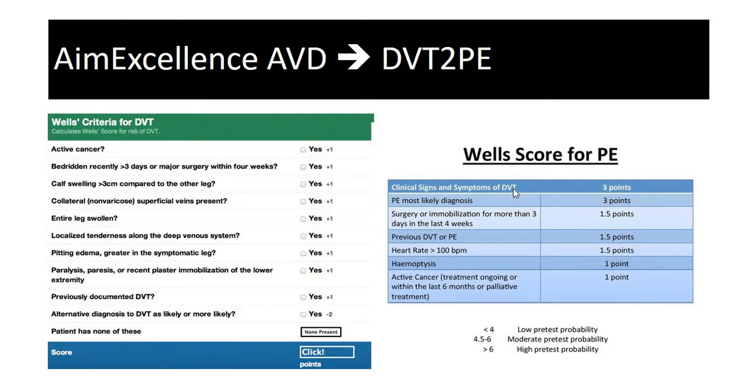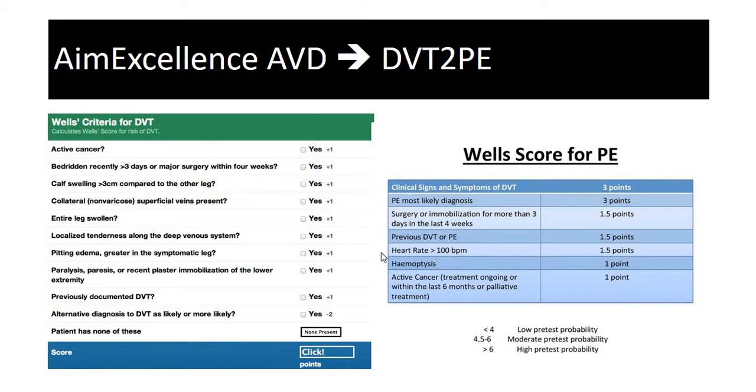And in the Wells score for pulmonary embolism, it is three grades. One is less than 4 is low pretest probability, 4.5 to 6 is a moderate probability, and greater than 6 is high pretest probability. And these are the important factors which are related with this.